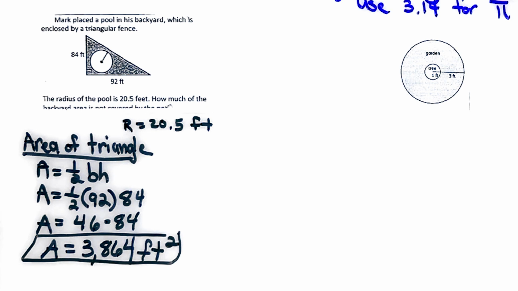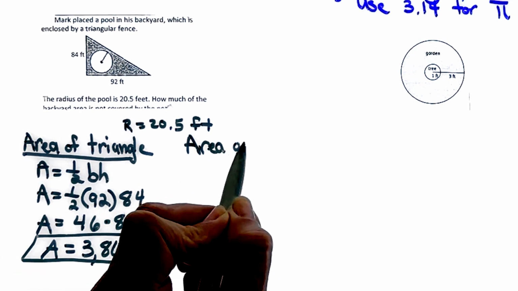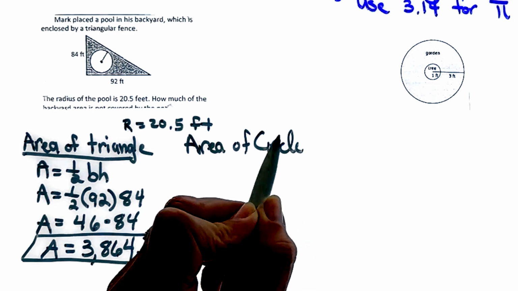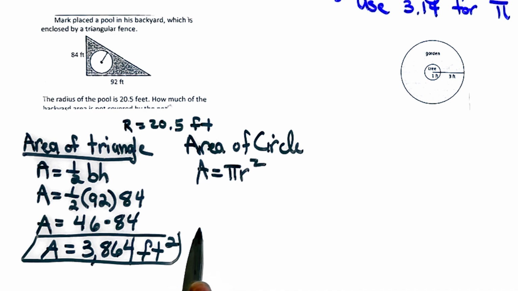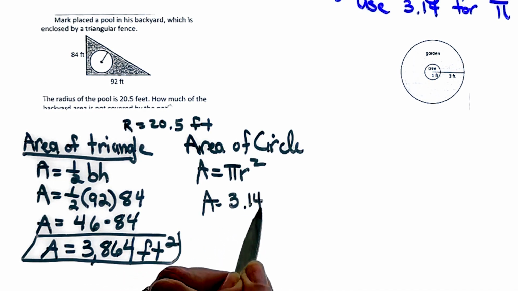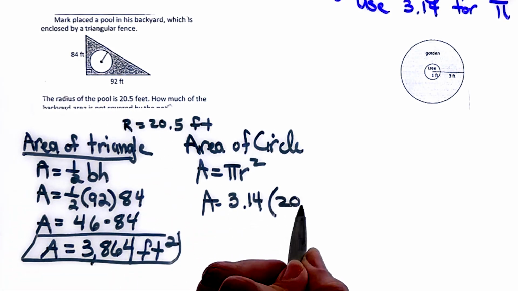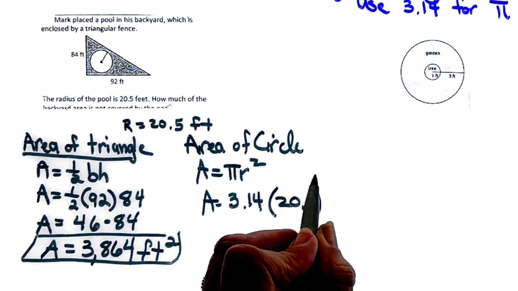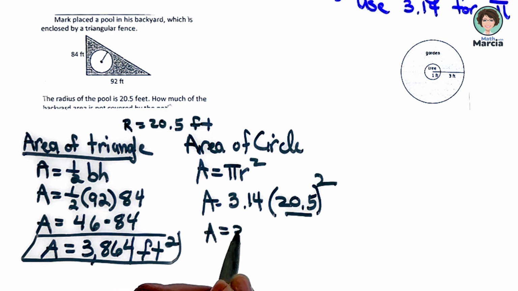Now we need to find the area for the circle. I'm going to again label area of circle. Write the formula, pi r squared. So now remember, we use 3.14 and we have to put in our 20.5 for our radius, and we have to remember to square it. So of course we have to do the squaring first by order of operations.